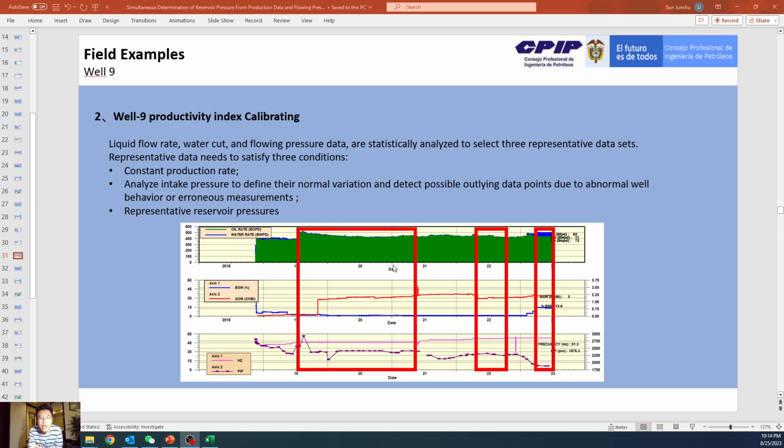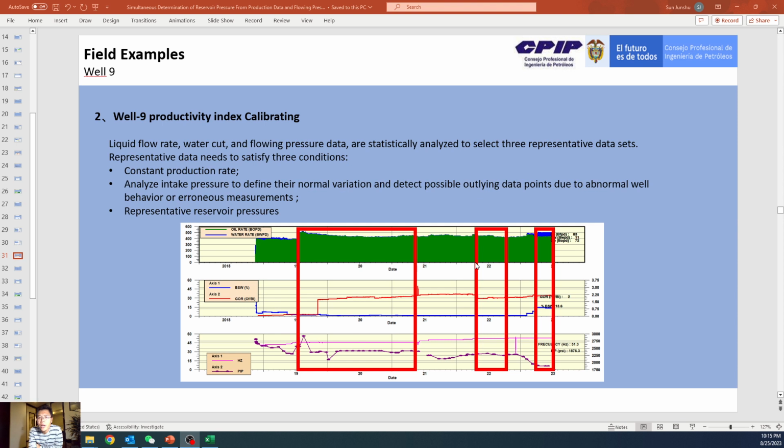The first period is from the middle of 2019 until the middle of 2021. Here, the fluid rate is around 450 barrels per day. Intake pressure declines steadily.